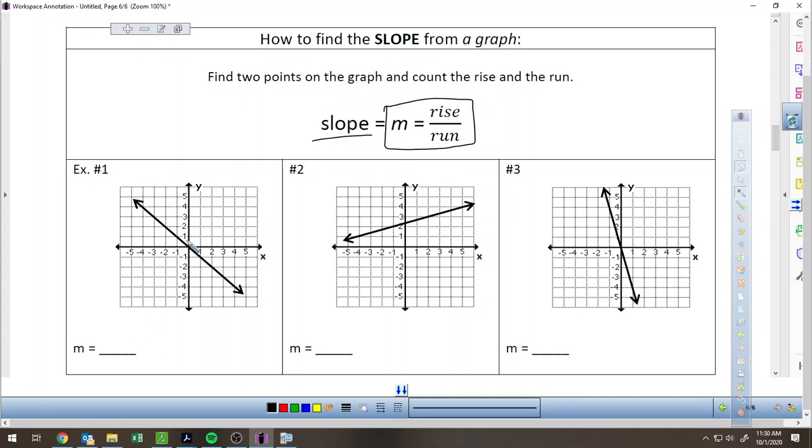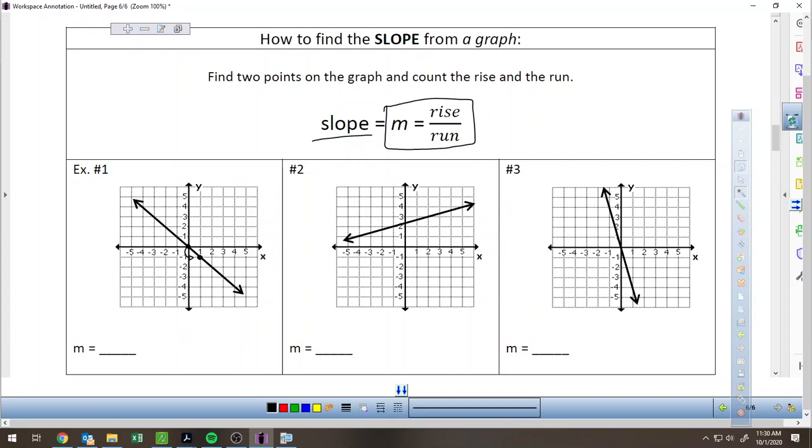So down here on this first one, here's what I want to do. I want to find 2 points where the graph is perfectly intersecting with a grid. Okay? And I want to figure out how far I'm going. I'm going down 1. Now here's the deal.